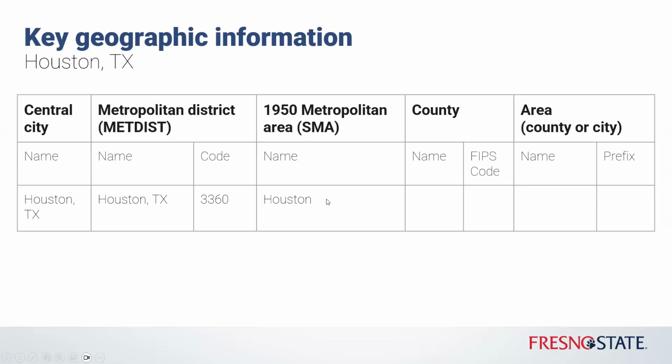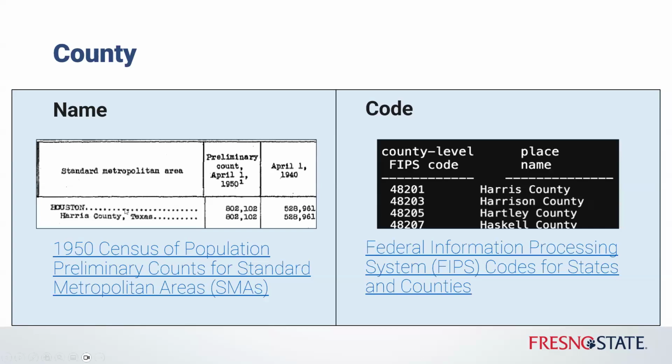The metropolitan area in 1950 is also Houston. Like I said, usually the names are the same. You can find out what counties make up the metropolitan area. Remember, metropolitan areas are defined by county boundaries. That's why we use them, because county boundaries are very stable over time. You can recreate a 1950 metropolitan area in 2020 using those counties, and so it's very convenient.